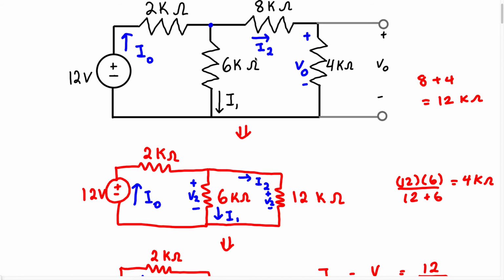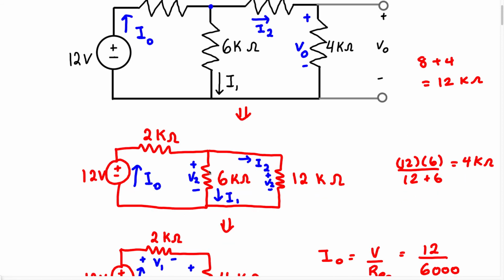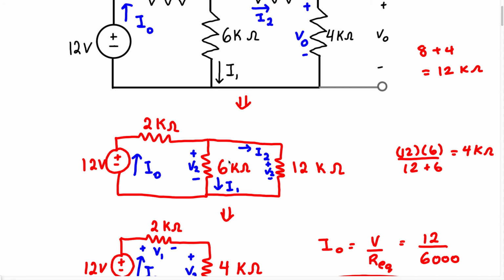Now because I want us to get very efficient and be able to see the techniques we can use right away, I'm just going to use current division, right? So I know I2 is going to be this current right here in this branch. Now what does current division say? Current division says you can find the current in any two resistors that are in parallel by using the formula.